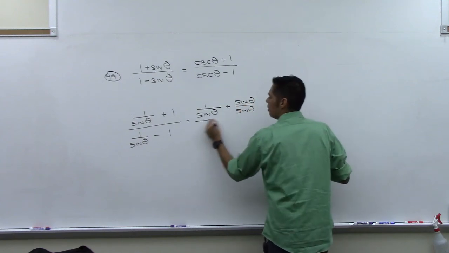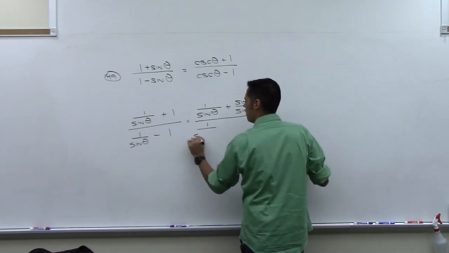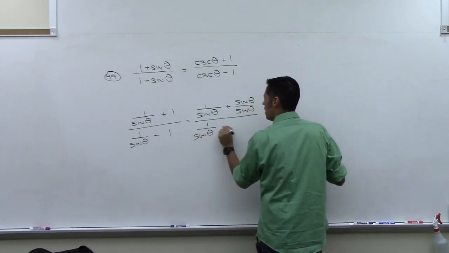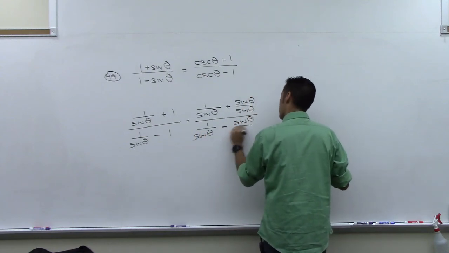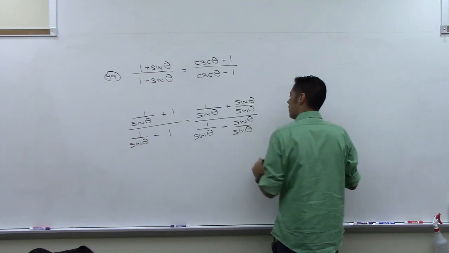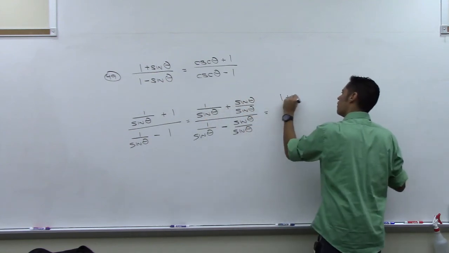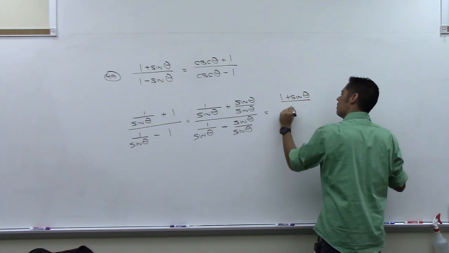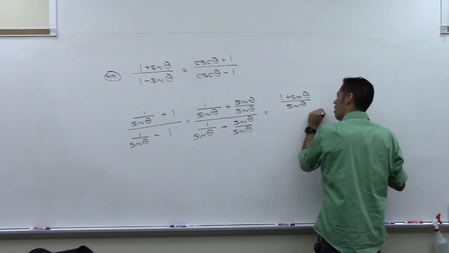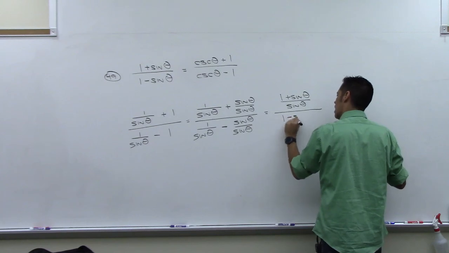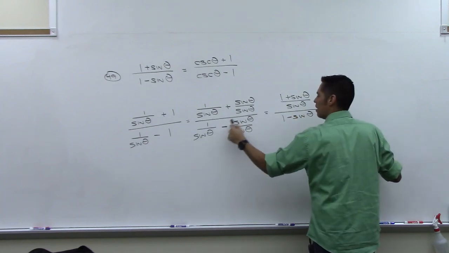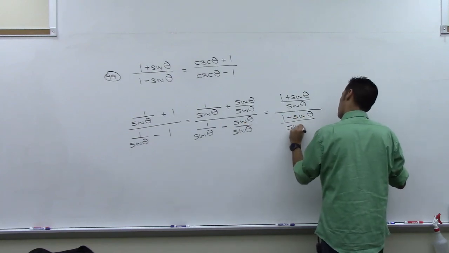That's 1. And then on the bottom, same thing. Only difference is I'm going to have minus here, sine theta over sine theta. And now I can put these two together. So I'll get 1 plus sine theta over the common denominator sine theta over 1 minus sine theta, which is this minus this, over sine theta.